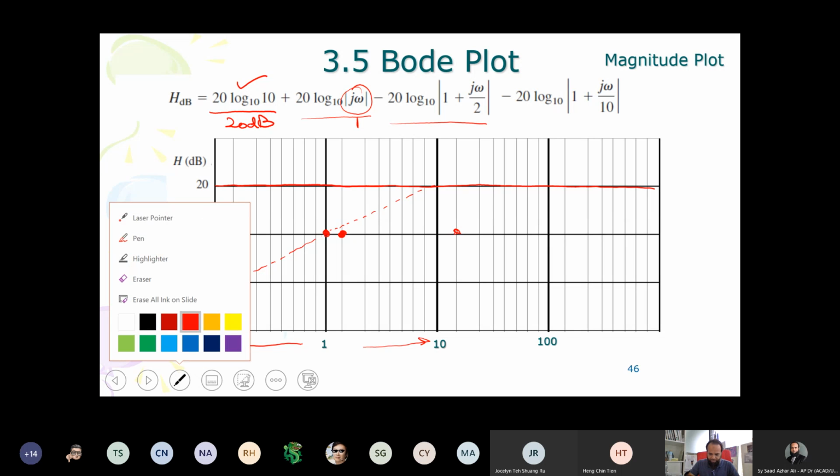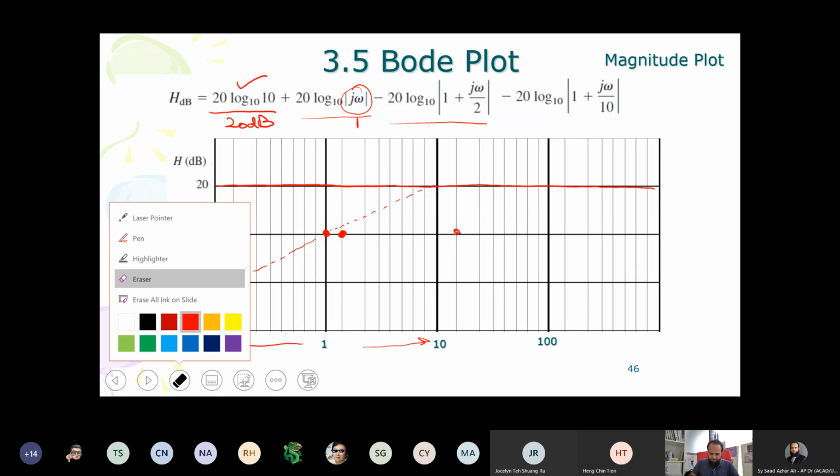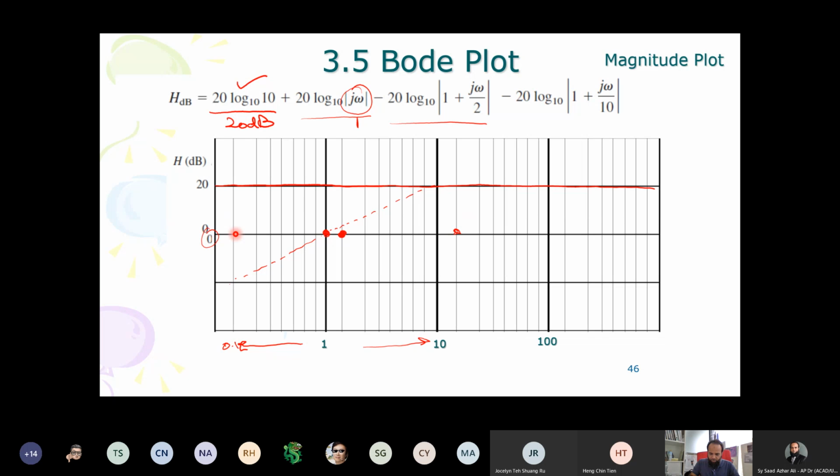Let me just take this off. I took the point here out because before this it was 0. We just take care of this point and we go 20 dB downwards for the simple pole. So I'm plotting it from here until here.